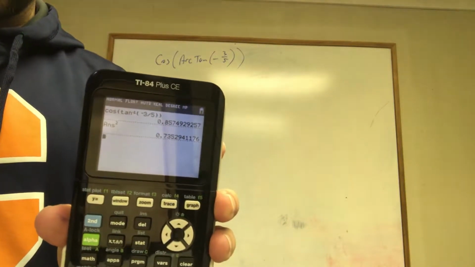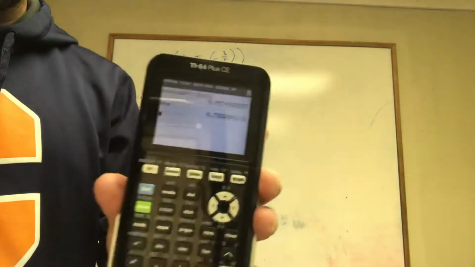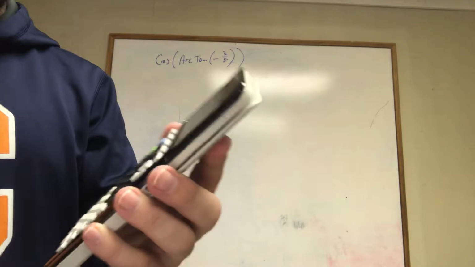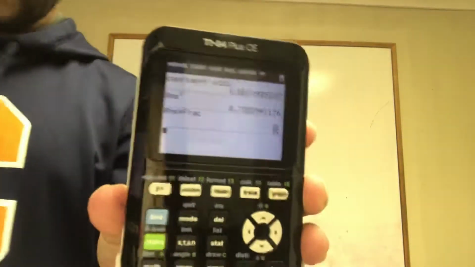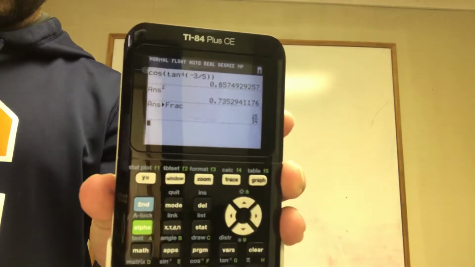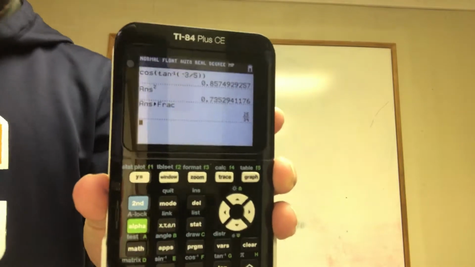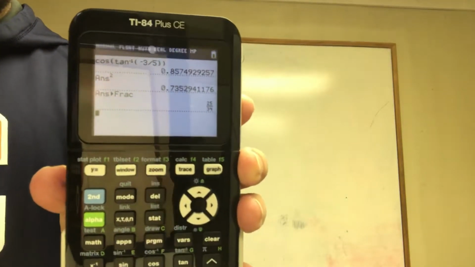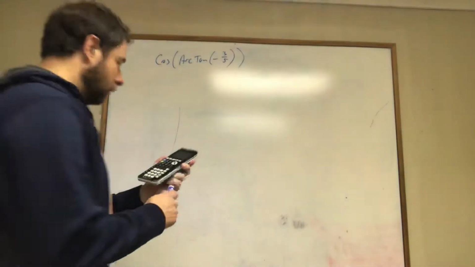And now, once again, that's not a decimal that you recognize, but you actually can frac that one. And the reason is because the first decimal that you got was actually a radical, and it won't take it and put it back in radical form. Now, this isn't your answer, but this is the squared version of your answer. So this is 25/34.